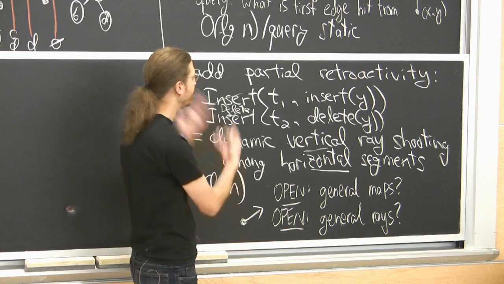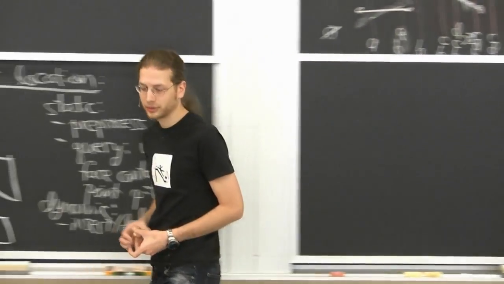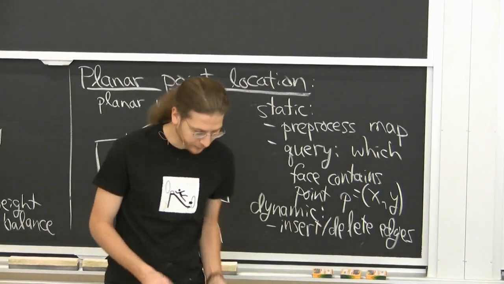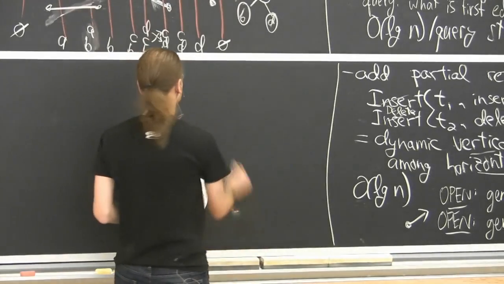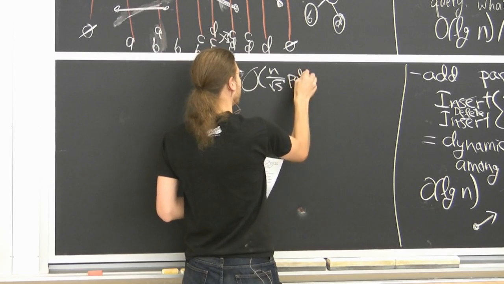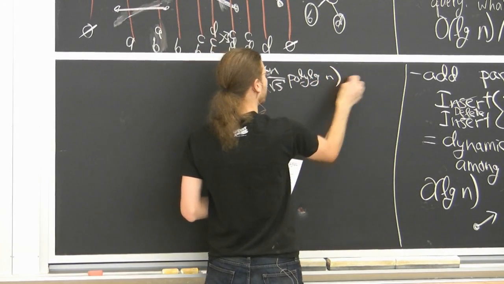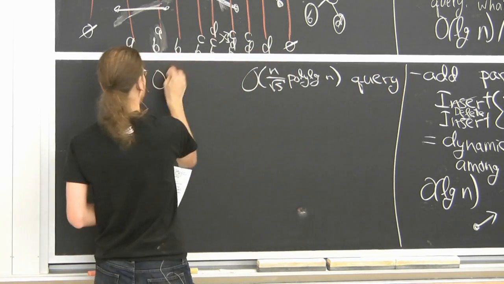This is a lot harder. You can't use any of these tricks. And in fact, it's believed that you cannot get polylog performance unless you have a ton of space. So the best known result is, you can get n over square root s polylog query if you use basically s space.